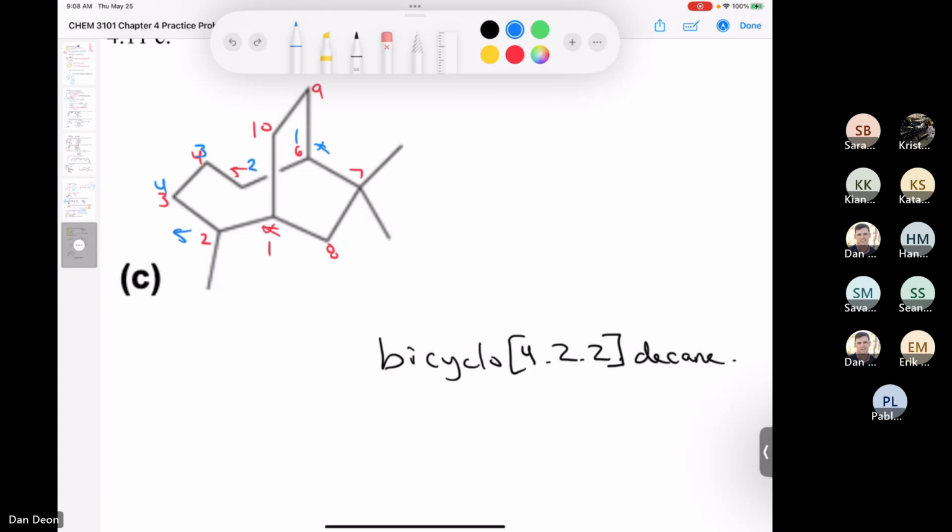All right, so we have a bicyclo 4,2,2 decane. We have 3 substituents. It's 2,7,7-trimethylbicyclo 4,2,2 decane, and that's the whole thing. All right, there we go.